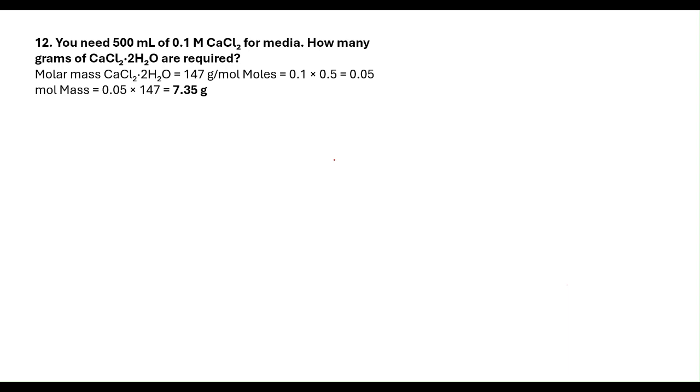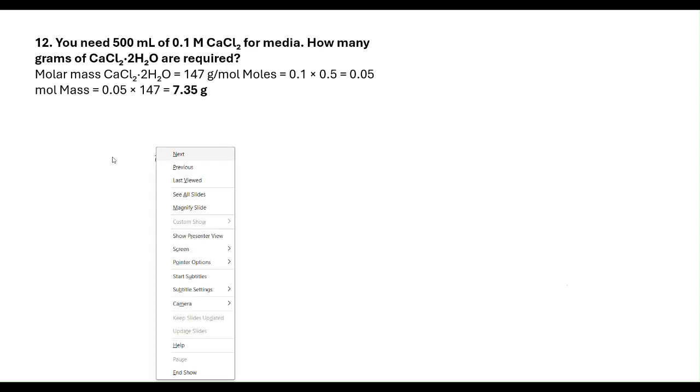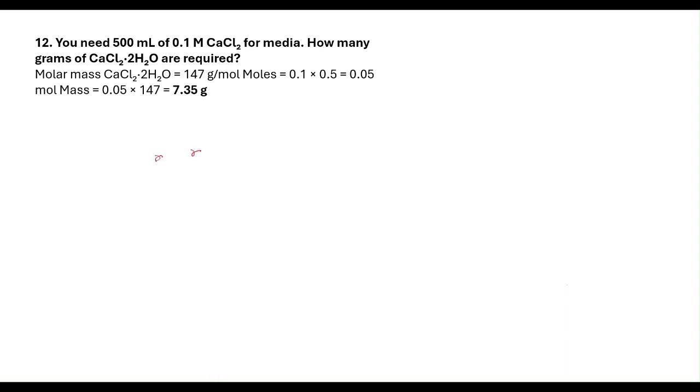So how is mole defined? Mole is nothing but mass in gram over molar mass.